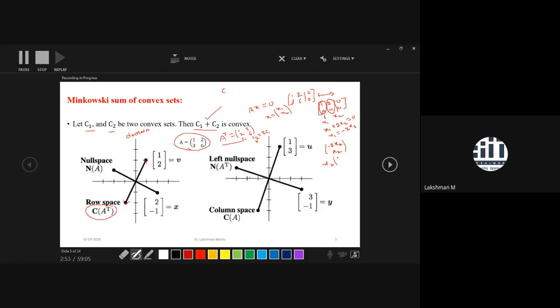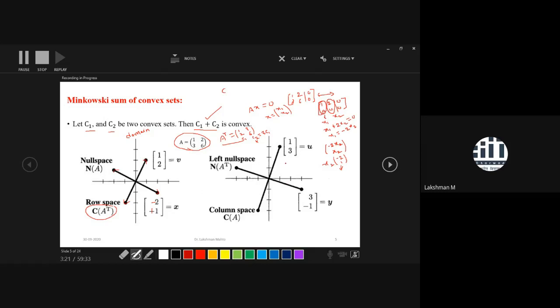The remaining thing would be minus 2 and 1. So (minus 2, 1) forms the basis of the null space of A, or the direction of the null space. There is no problem if you multiply it by a scalar. So you are getting a null space where the direction is (minus 2, 1). This is the null space of A.